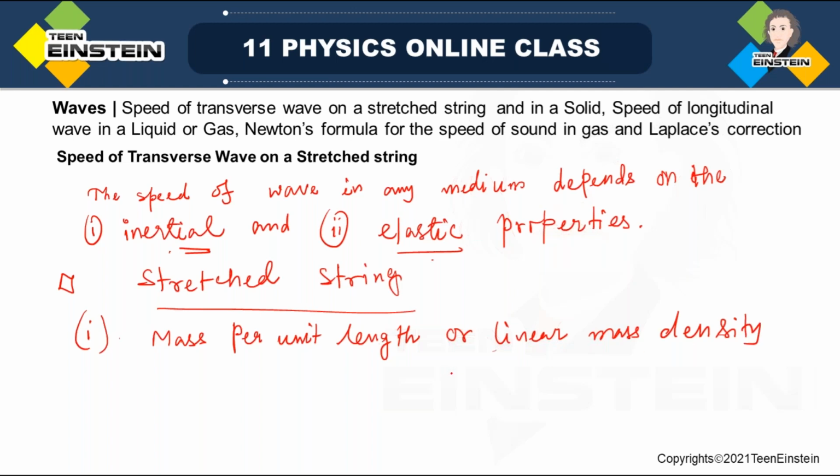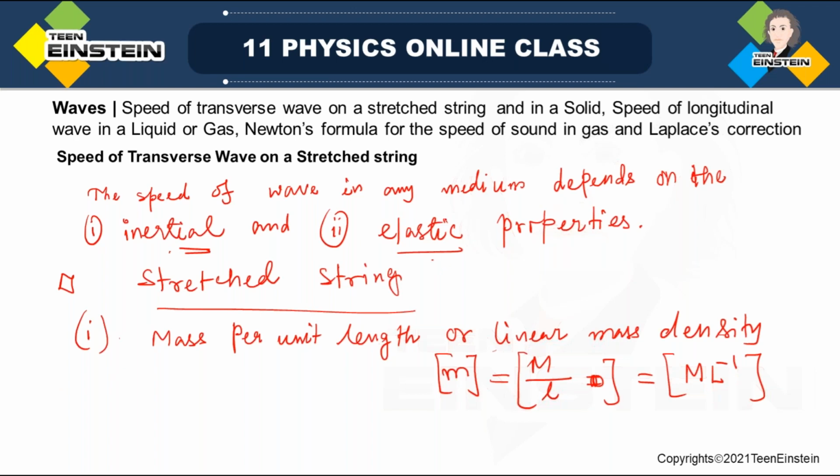Mass per unit length can be written as small m, that is capital M, the mass of the whole string, by length. So the dimension of this mass per unit length will be M L to the power minus 1.